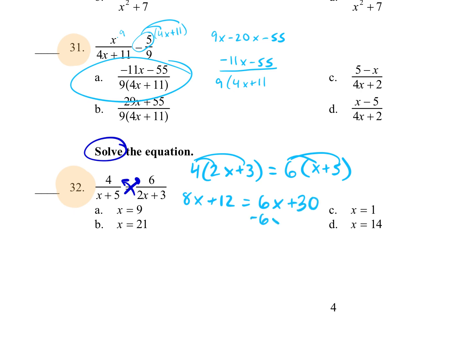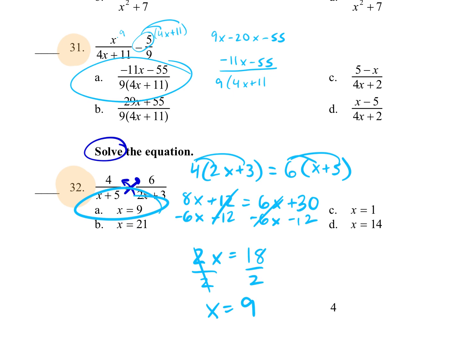And then subtract to combine like terms. So 2x is equal to 18 and divide by 2. You guys can use your calculators for the test. So that would be A.